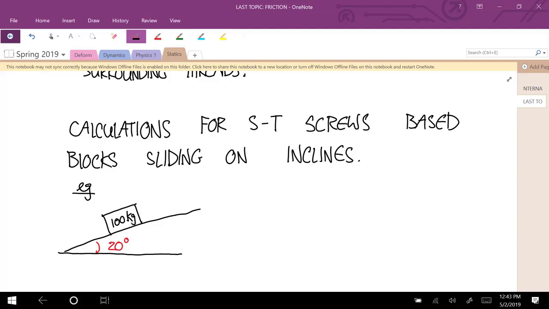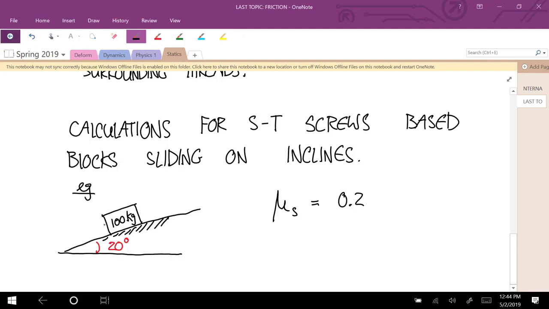And let's do two calculations. We'll say that the coefficient of static friction is equal to 0.2.